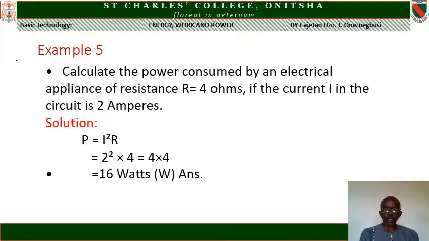Here you cannot use the formula P equals IV. Rather, you use the second formula P equals I squared R, because you are not given voltage, but you are given current and the resistance. Using P equals I squared R, you have 2 squared, because current is 2 amperes, times the resistance of 4 ohms. That will give you 2 squared times 4, which is 4 times 4, 16 watts.